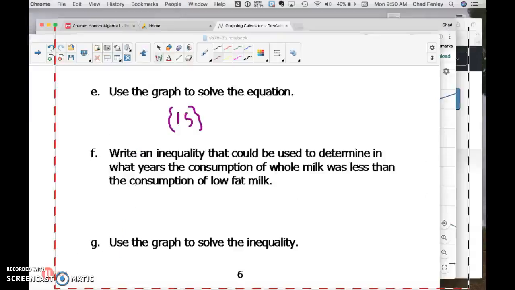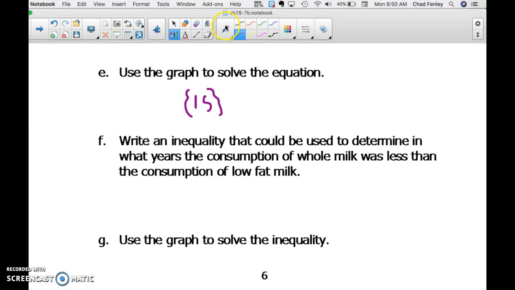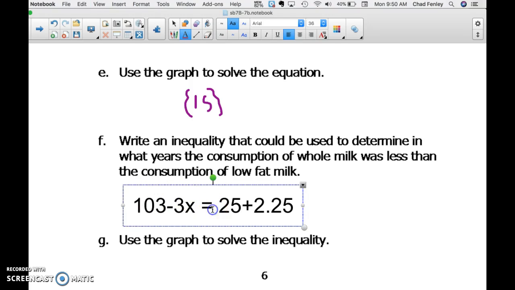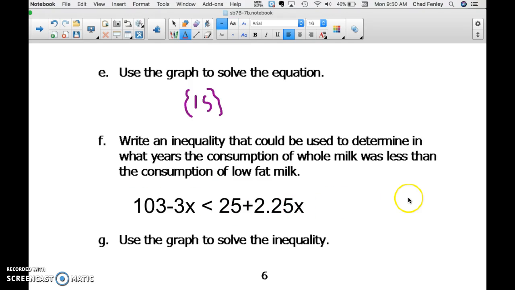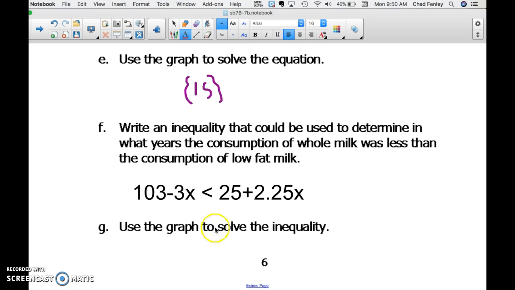So I'd write that 103 minus 3x is less than 25 plus 2.25x. Use the graph to solve this inequality.